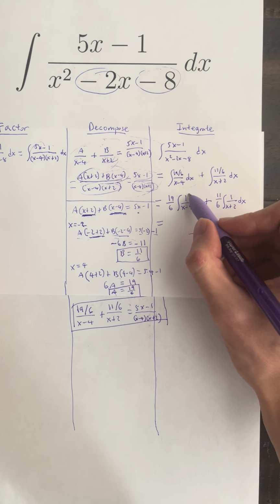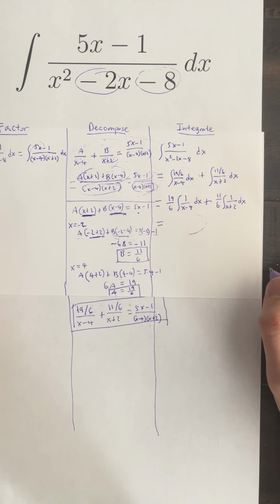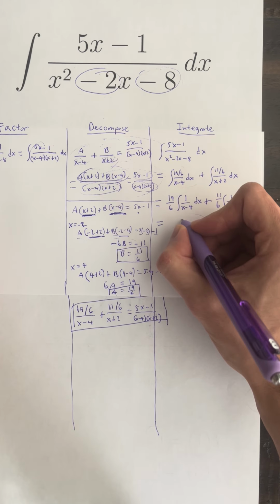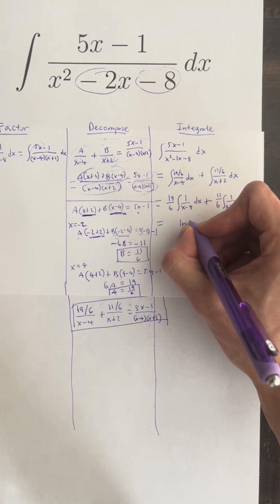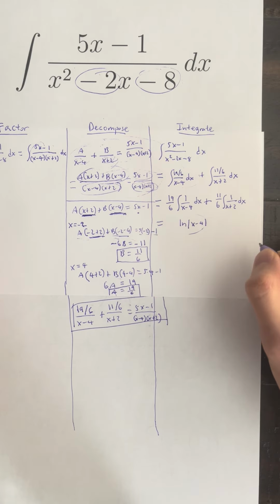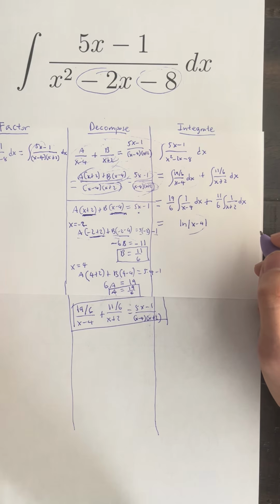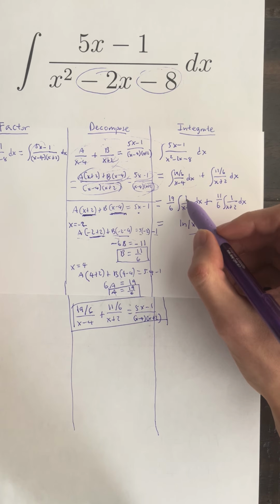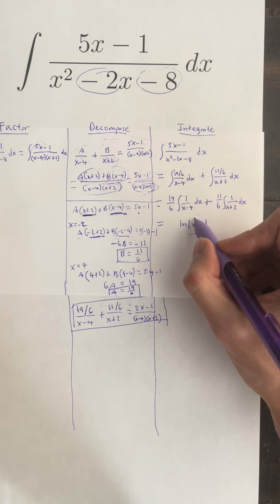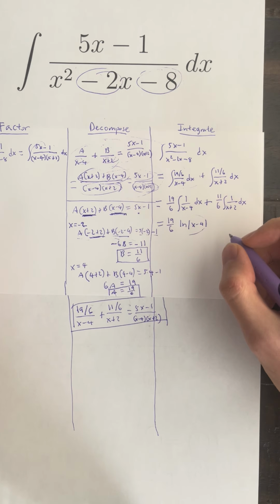What's the antiderivative of 1/x minus 4? It's natural log of absolute value of x minus 4 plus c. But we'll save the plus c for later. Since we multiplied this by 19/6, we need to multiply this by 19/6 as well. Okay.